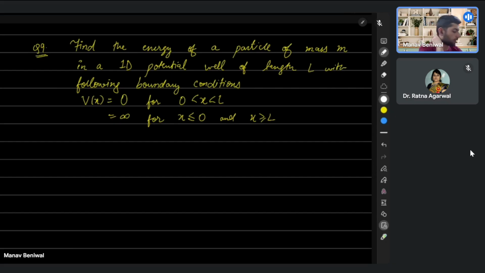If we draw the diagram, it is very similar to problem 1 which we solved today. So this is your x-axis, and let's say this is x equals 0. Here your potential energy diverges, it becomes infinity, and again at x equals L it diverges. So this is like a hard wall problem.